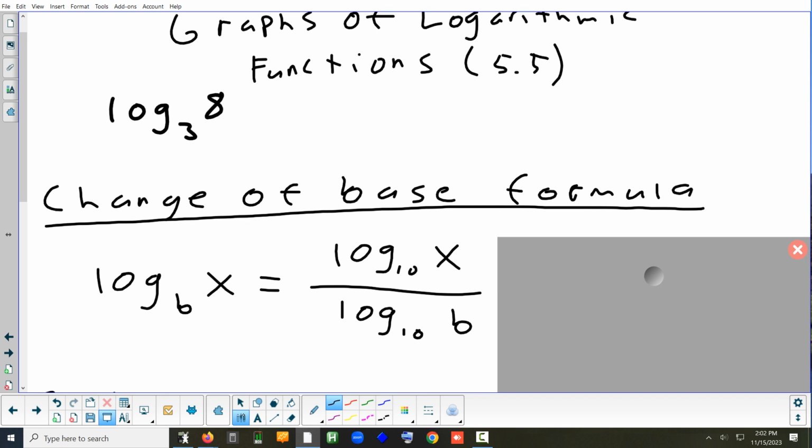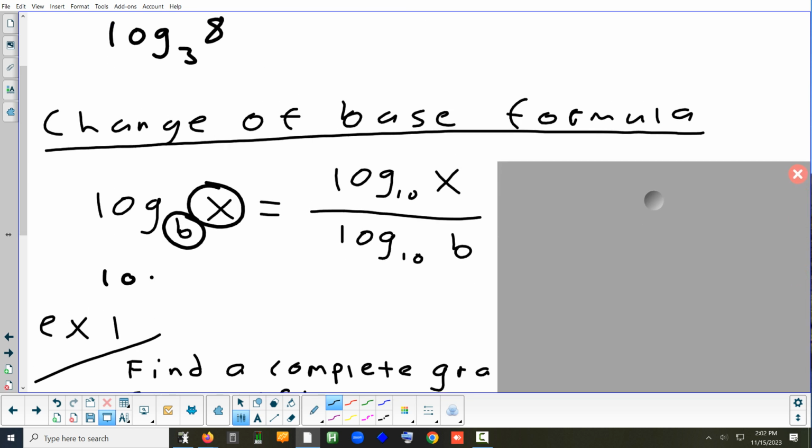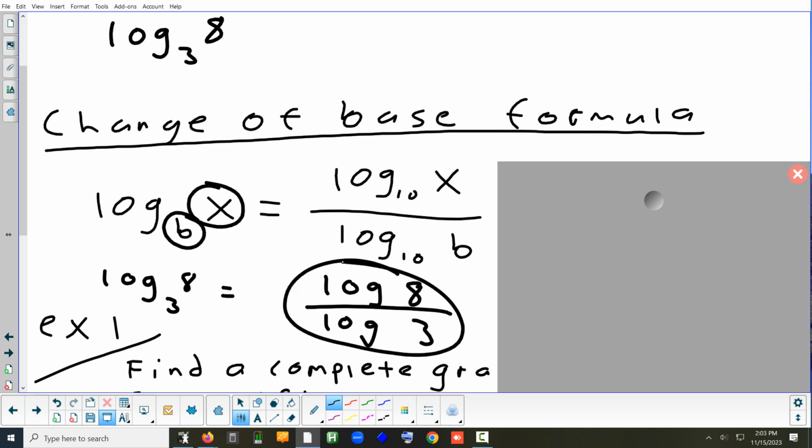You take the common log of the argument and you divide by the common log of the base. So if I have log base 3 of 8, and I wanted to do that on the calculator, I would type in log of the argument, which is 8, and divide by the log of the base, which is what number? 3. That's how you type it in.